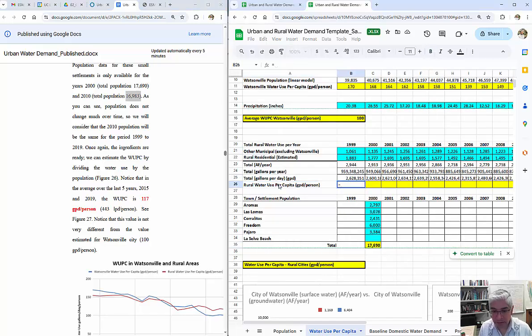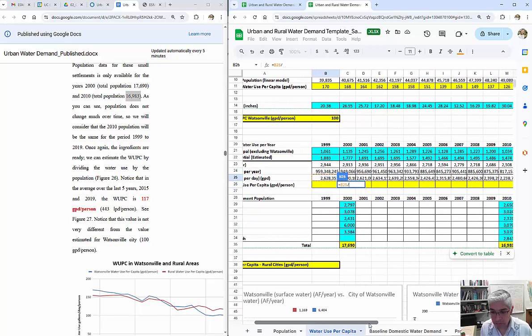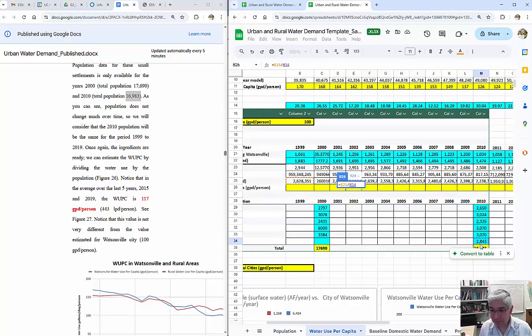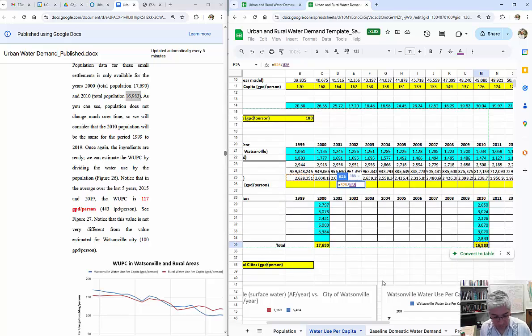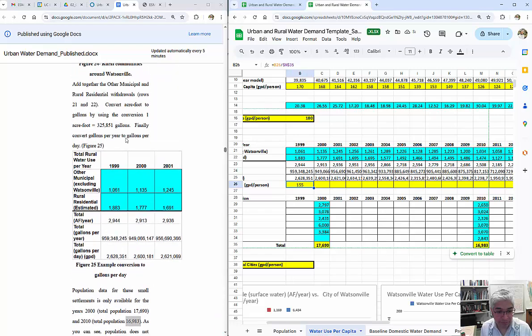So in this case, we're gonna be dividing this over this population, and in order for this table not to move, just hit F4 and it will bring these dollar signs. With that one, it will fix it up.